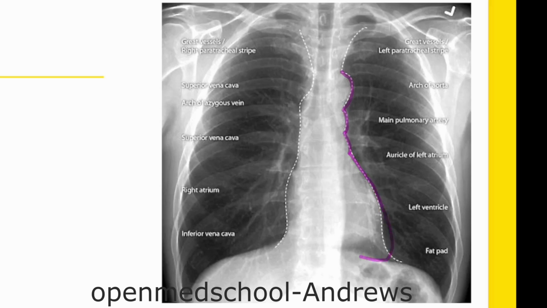So the structures comprising the left side, you should be thorough with, because when you say a patient with mitral stenosis, it is this region that becomes prominent. So that is the importance of knowing that. And on the right side, it is predominantly the right atrium that comes here, and part of the superior vena cava on this side. Hope the cardiac silhouette is clear, and you should be able to draw the picture also.